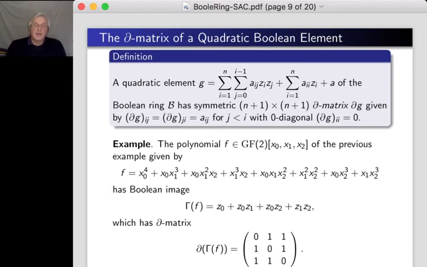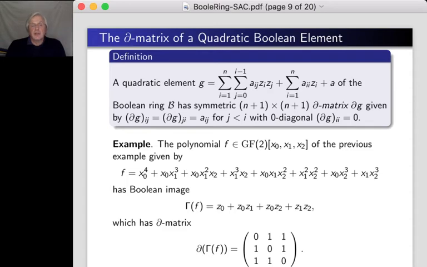So the polynomial we already looked at of degree 4, f being x0 to the 4 plus x0, x1 cubed. If we take the Boolean image of that polynomial, we get gamma of f being z0 plus z0, z1 plus z0, z2 plus z1, z2. We have 3 quadratic elements, z0, z1, z0, z2, z1, z2, which give rise to the partial matrix given there, 0, 1, 1, 1, 0, 1, 1, 1, 0.